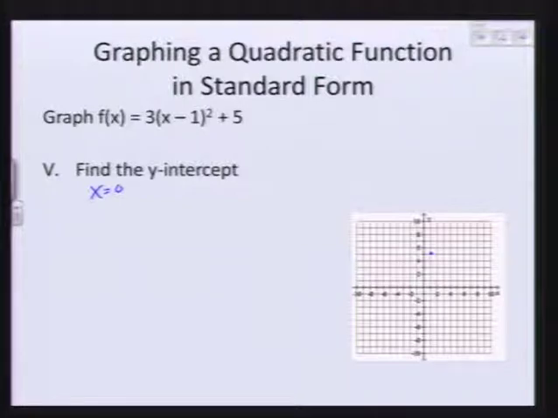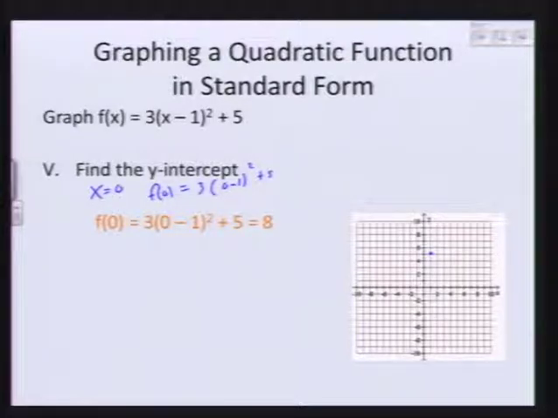And so with x equal to 0, we end up with f of 0 is equal to 3 times 0 minus 1 quantity squared plus 5. Okay, so when we let x equal 0, the y-intercept comes out to be 8.